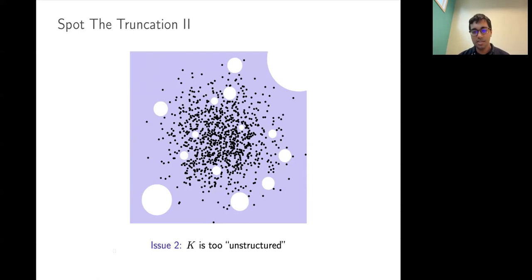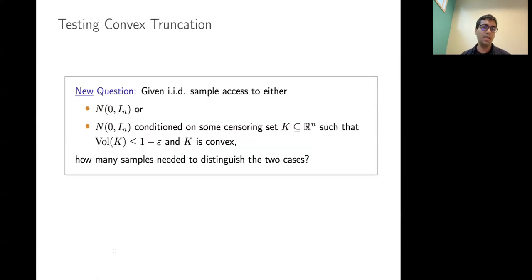And with these 2 issues in mind, we arrive at a very natural question with some additional quantifiers, which is the following. So you're given sample access to either the Gaussian or the Gaussian conditioned on some censoring set, where you're promised that the volume of the set is at most 1 minus epsilon. So think of epsilon as some fixed constant, 0.1, 0.2, favorite number, between 0 and 1.